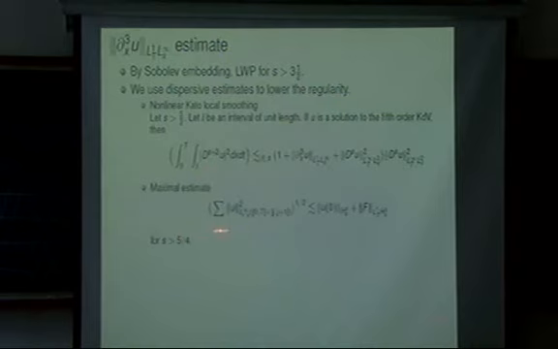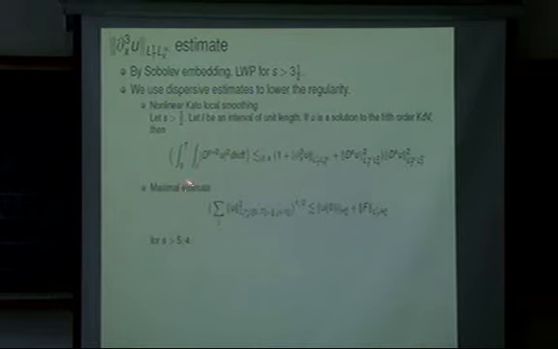We're going to use the maximal estimate to complement the local smoothing estimate, because if you look at the norm, here we have an L infinity norm on the interval 0 to t, but here we have an L2 norm on the same space.